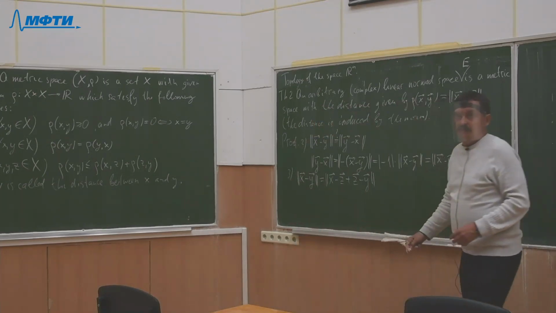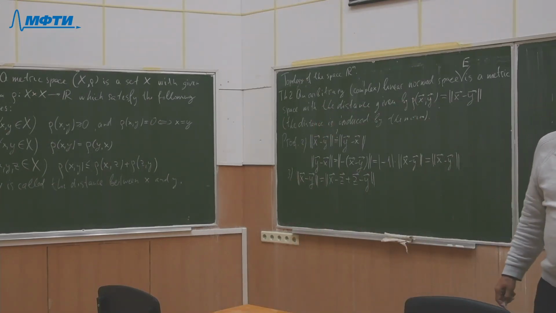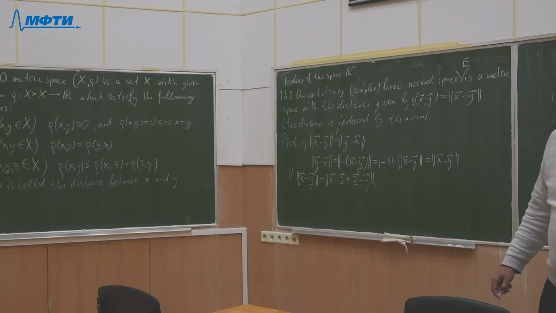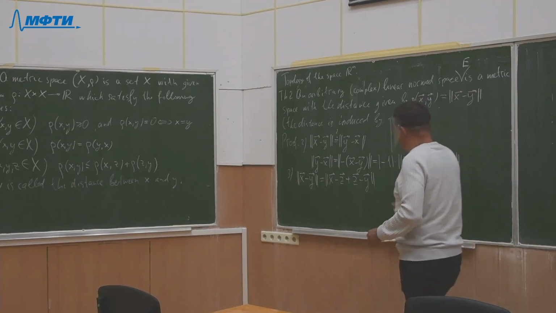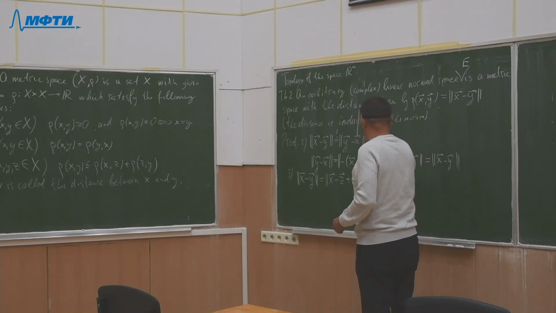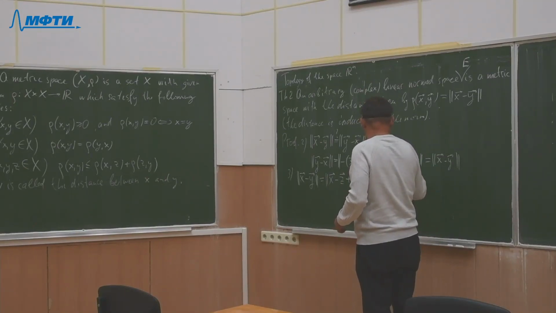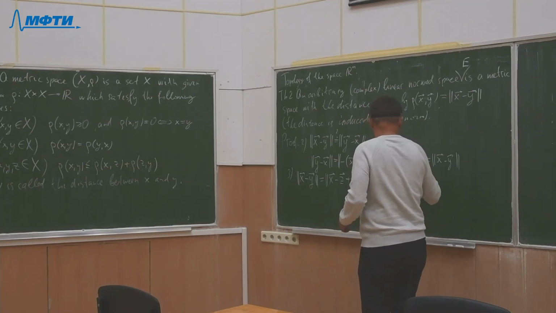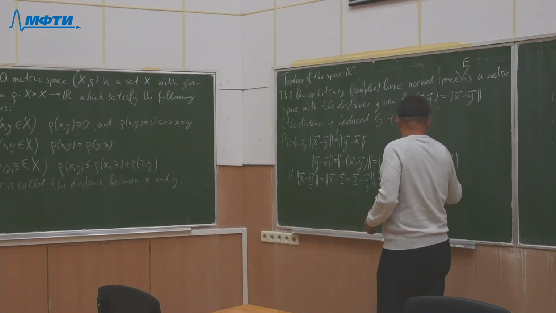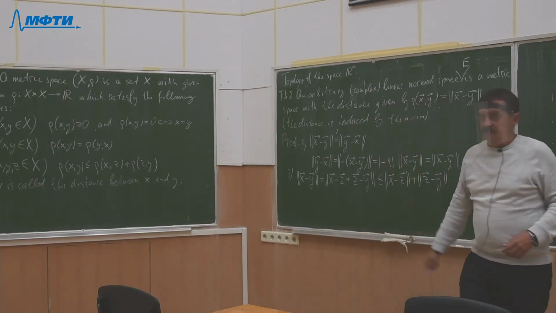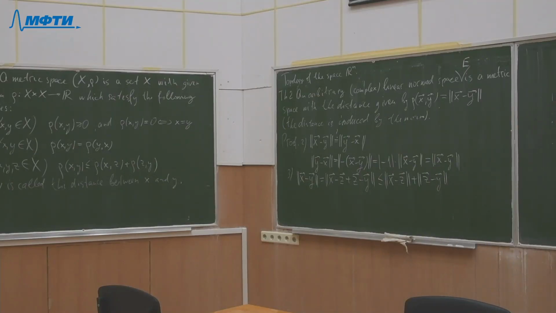So we add and subtract one vector, z, and after that we apply triangle inequality for the norm. Which gives immediately the triangle inequality for the distance, right? That's it.